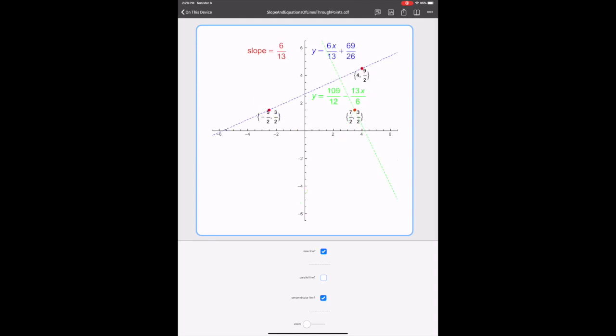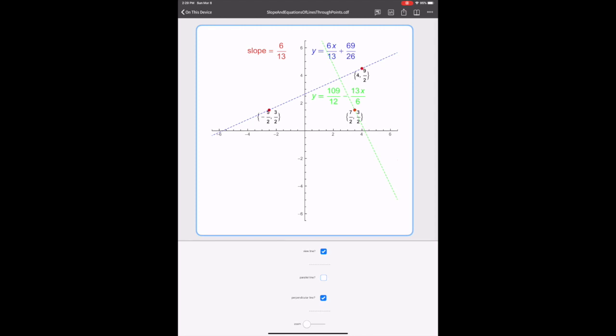For this one, for the blue line, since it's in slope-intercept form, the coefficient of x is 6/13. So my slope is 6/13 for the blue line, and my slope for the green line is negative 13/6. Have you noticed anything about the slopes? For perpendicular lines, the slopes are negative reciprocals. Negative just means they have different signs, which makes sense because if the slope is positive, the line's going up. If the slope is negative, the line's going down.